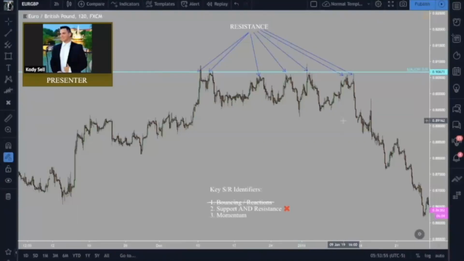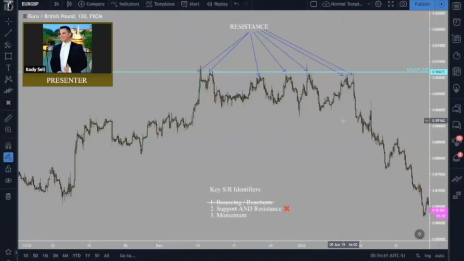So even though this may appear to be a very strong level in the market, because you don't have all of these identifiers marked off, you may want to hold back from trading it when price gets back up here because you don't know how it will react. You could very easily see price go right through this, and if you look to take a sell from here, you might lose.